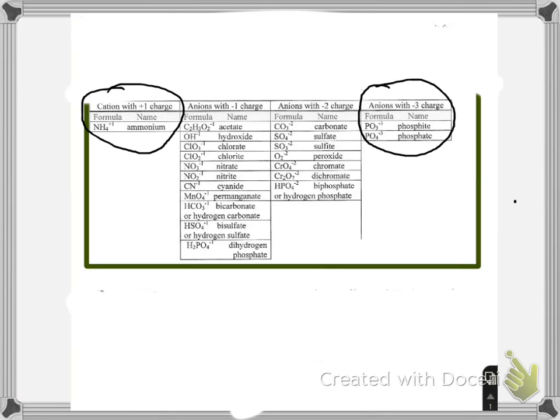The charges aren't affected, but the amount of oxygen atoms is. So, note that carbonate, chromate, dichromate, and acetate, as well as those ions that have hydrogen, don't have ites at the end. But I'll talk about that in a bit.